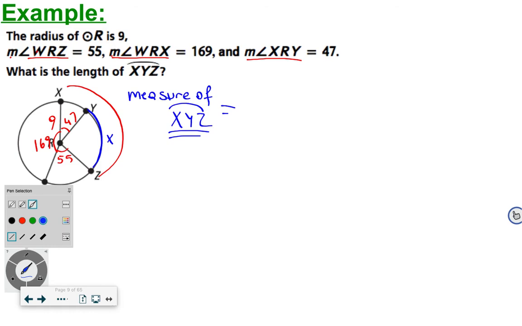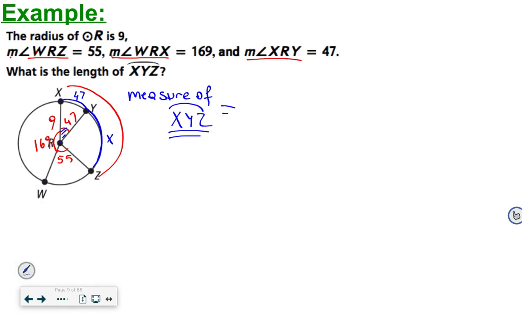We know that if this central angle is 47, then the measure of arc XY is 47 as well. If XRW is 169, this is the central angle, then the measure of this arc is 169 as well. If this central angle is 55, then arc WZ is 55 as well.